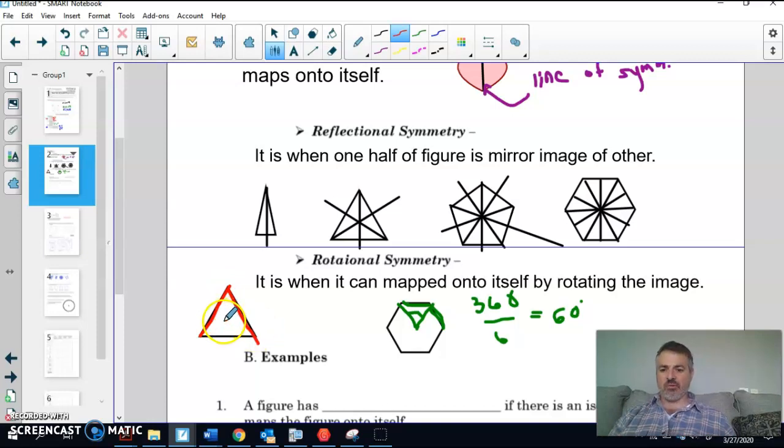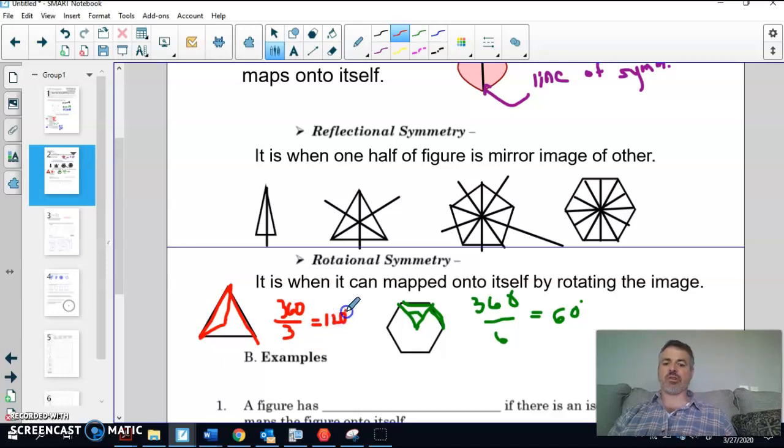Now how many degrees I went there is equal to one of these central angles. And again, I can figure out how big one of those central angles is by doing 360 divided by the number of those equal parts, which is 3. So this is said to have 120 degrees of rotational symmetry.